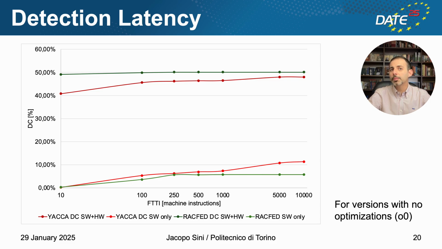In particular we computed it considering an allotted time of 10, 100, 250, 500, 1000, 5000 and 10,000 machine instructions executed from the moment of the injection up to the detection.